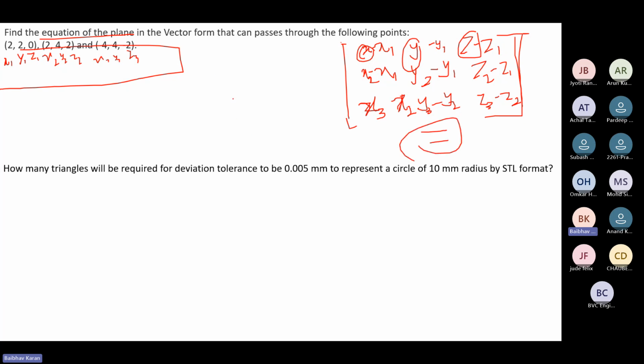But before using this matrix, we need to check one thing. What is that? Can anyone say what it is before using this equation?